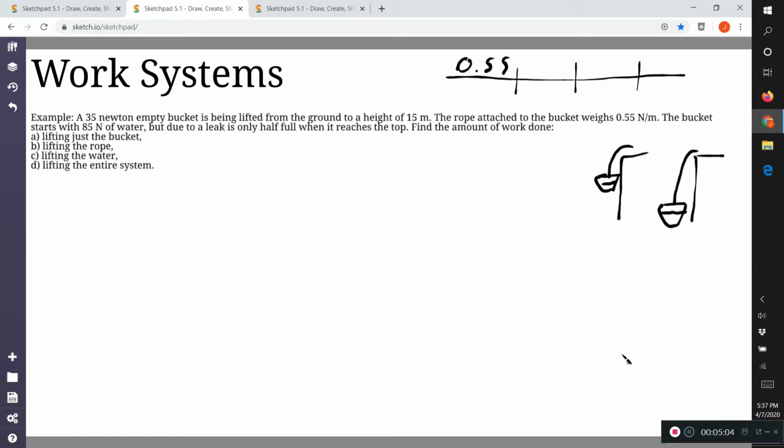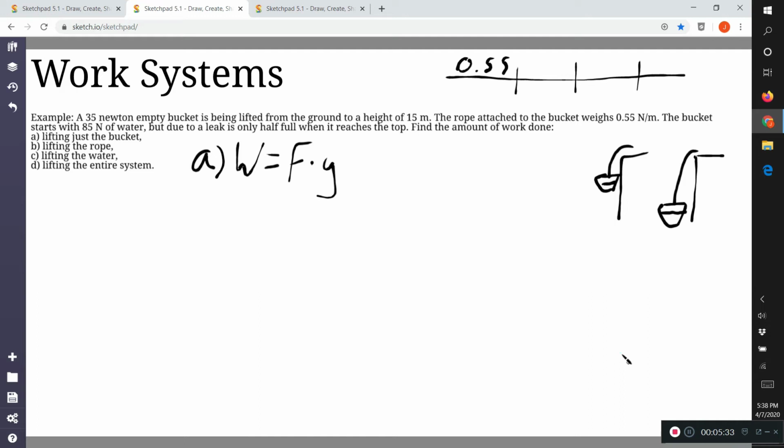So let's start with part A. Part A is going to be very straightforward. The bucket itself, the amount of force required to lift that bucket is always 35 newtons. It says the bucket is 35 newtons when empty. So the force that it takes to lift it is not changing. And we're lifting it to a height of 15 meters. So we can use the formula work equals force times distance. I'm going to use y here because we're going upward with our distance.